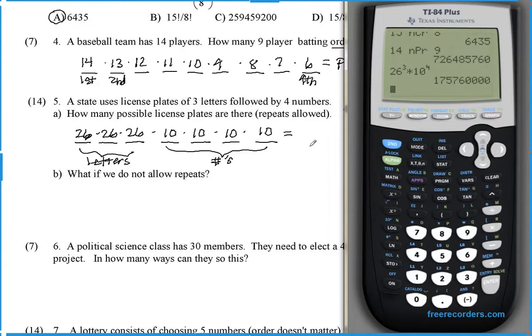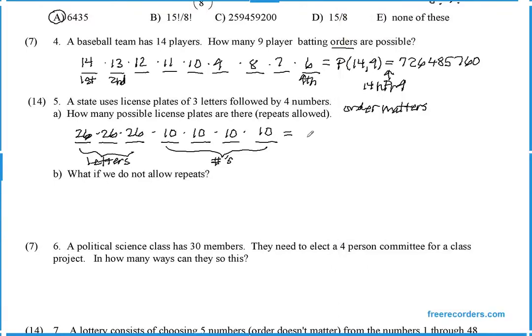So that's 175,760,000. Lots of possibilities there.